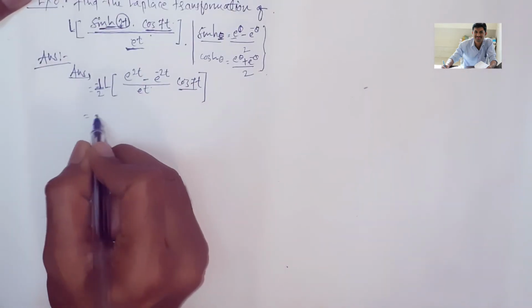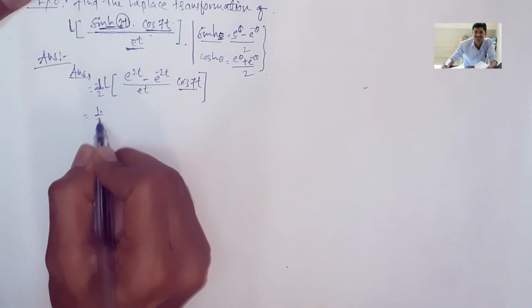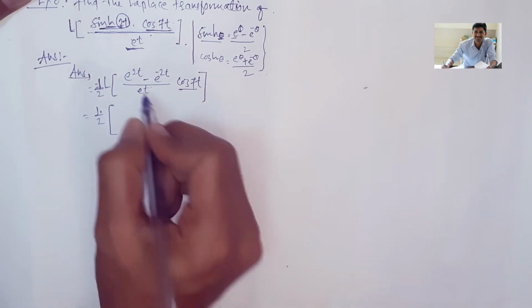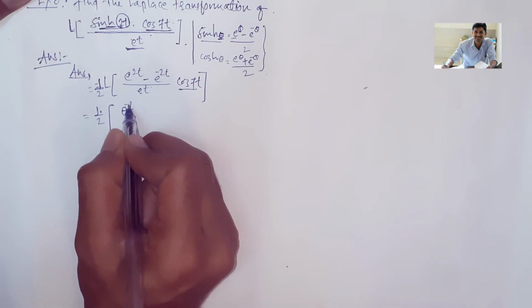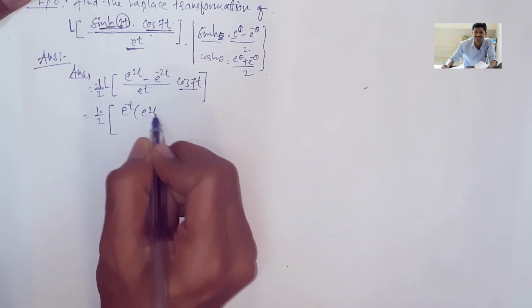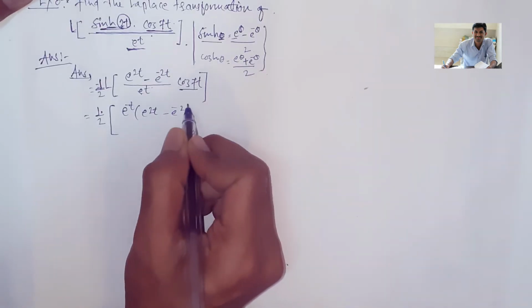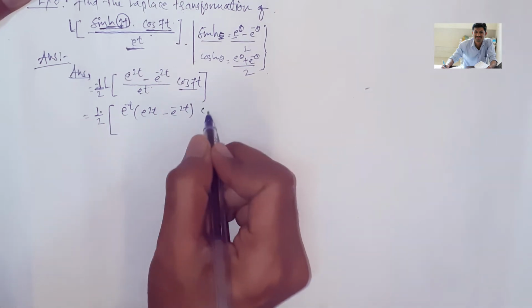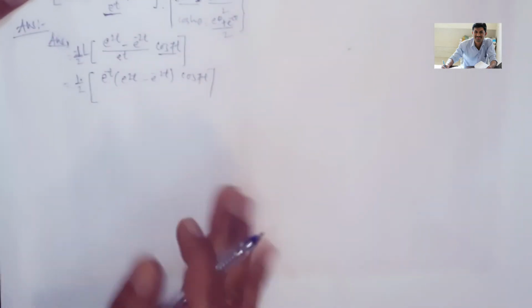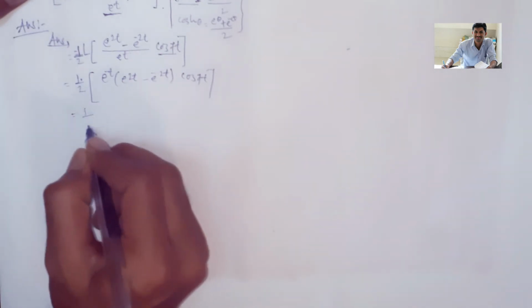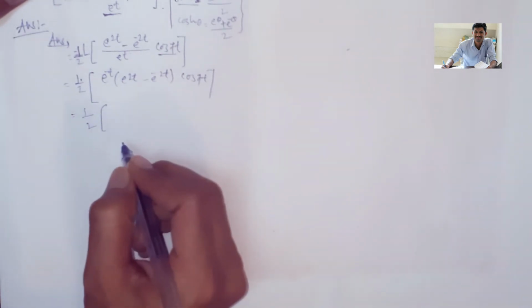So calculate this, 1 by 2. Now taking the denominator up, it is e raised to power minus t multiplied by e raised to power 2t minus e raised to power minus 2t, then cos 7t as it is. 1 by 2 as it is.